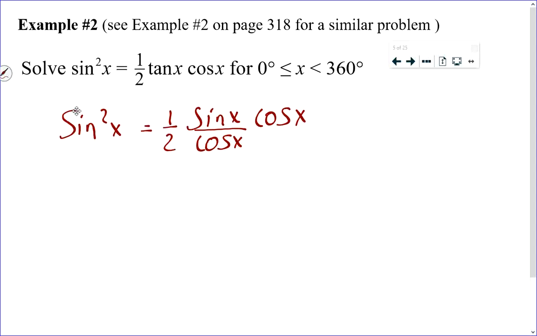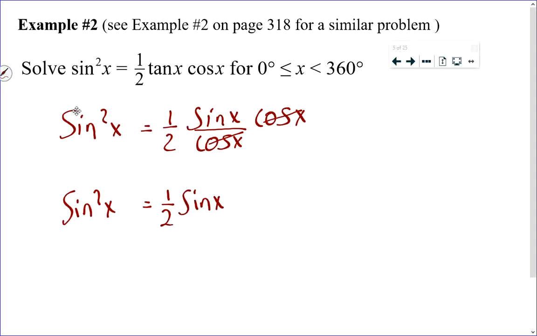The cosine of x's cancel, and we are left with sine squared of x equals 1/2 sine of x.